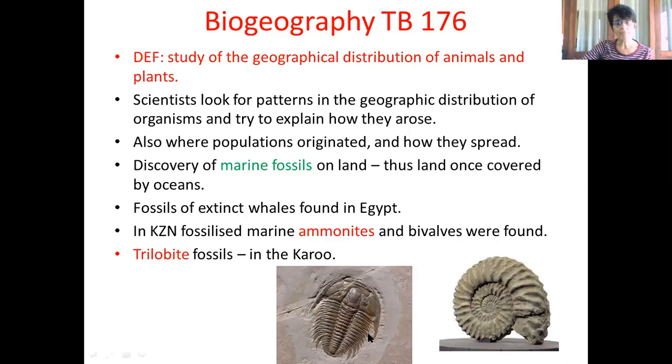And these little trilobites over here can be small, up to about 70 centimeters, in different species. Lots of fossils of them have been found in the Karoo, which is a desert. So that shows that the Karoo was once an inland ocean or an inland sea. I've actually got some examples of these in my lab. So when we get back, I'm going to show you.